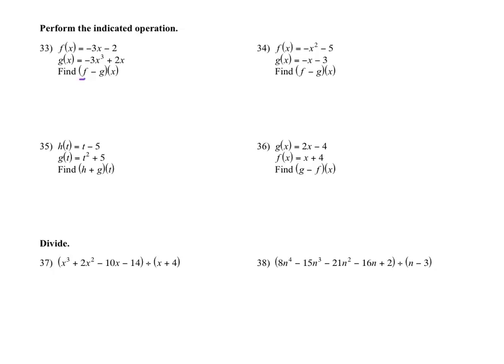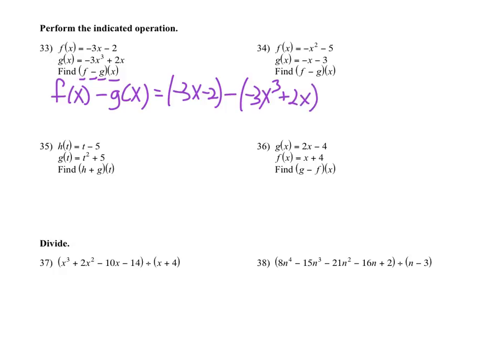So f minus g of x is the same thing as f of x minus g of x. In other words, negative 3x minus 2 minus negative 3x cubed plus 2x. This really is a combining like terms problem. So we've got negative 3x and positive 2x being subtracted.